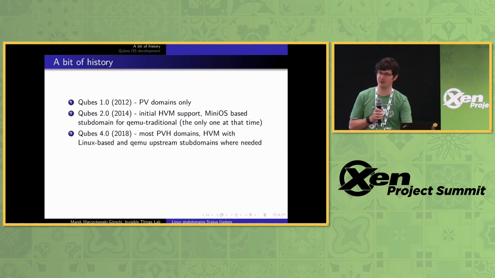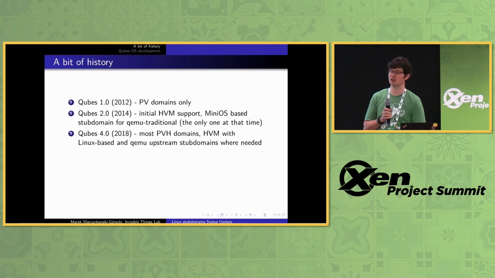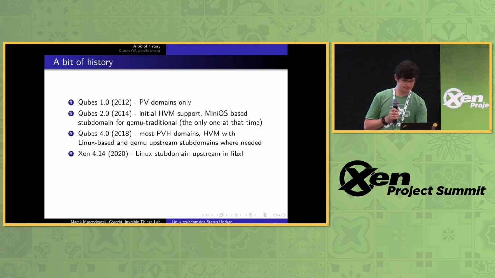This work was mostly based on part of the implementation from the OpenXT project. We also did an upstream implementation of libxl changes to make it work with the libxl toolstack. So the stubdomain support is included in libxl, but not the actual stubdomain.